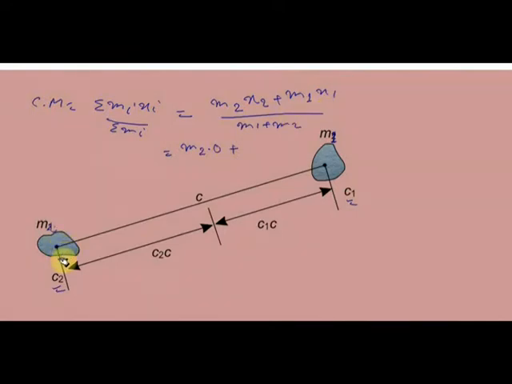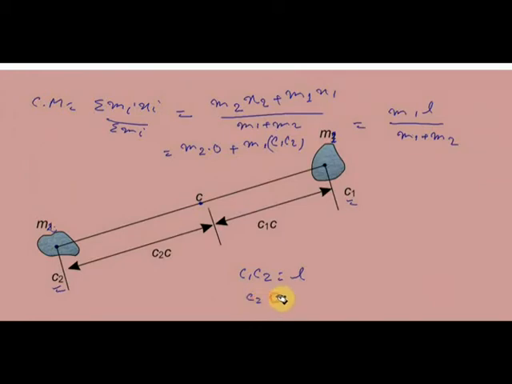Now this distance is nothing but C1C2. Let C1C2 be equal to L. So we have our center of mass as m1 into L by m1 plus m2.